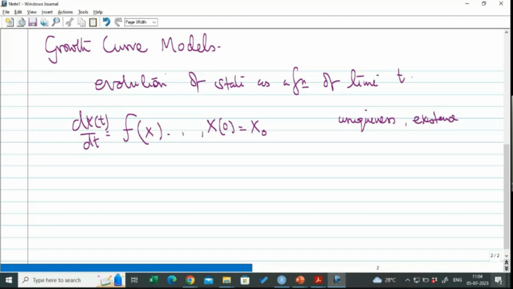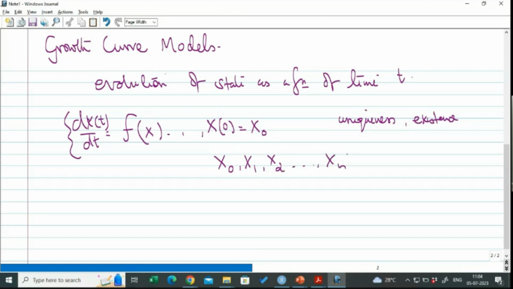Second, how we can calibrate or fit these differential equation models using data. This is from the statistics part. Another part is that now we have this differential equation and we have this data.